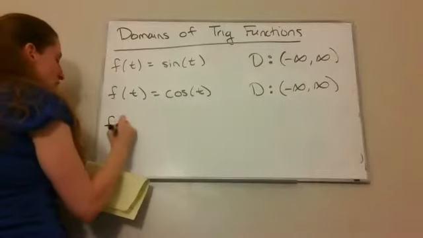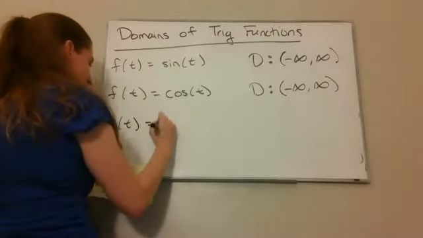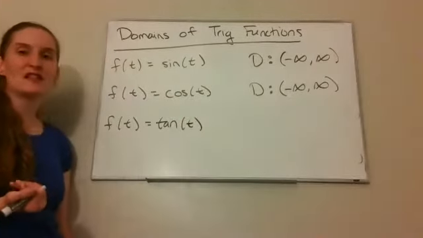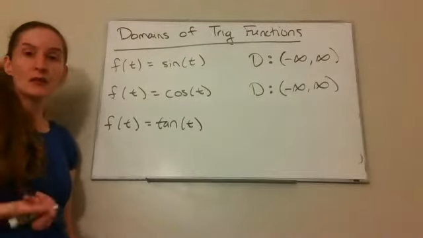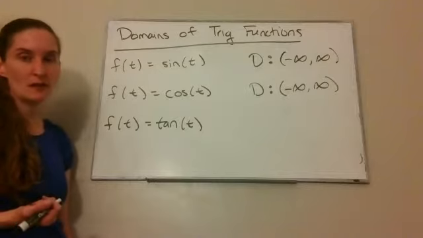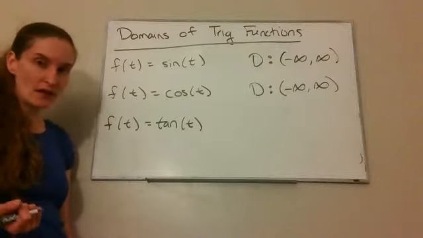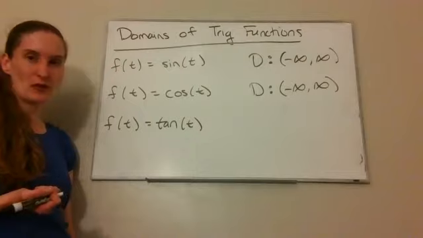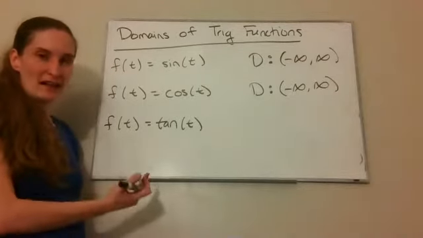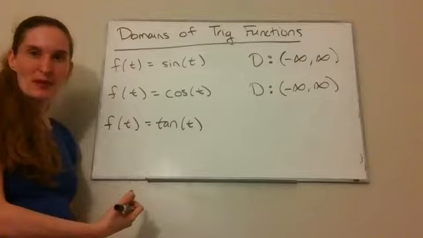But now we get the interesting ones. For tangent, remember tangent is sine over cosine. So it's going to be undefined every single time your cosine is 0. And your cosine is 0 when the x value of your unit circle is 0. So that's going to be on the y-axis. That's our pi over 2 and 3 pi over 2.